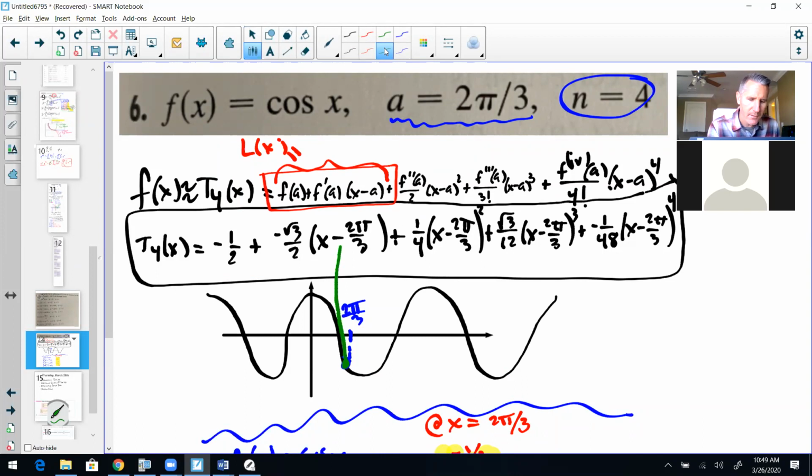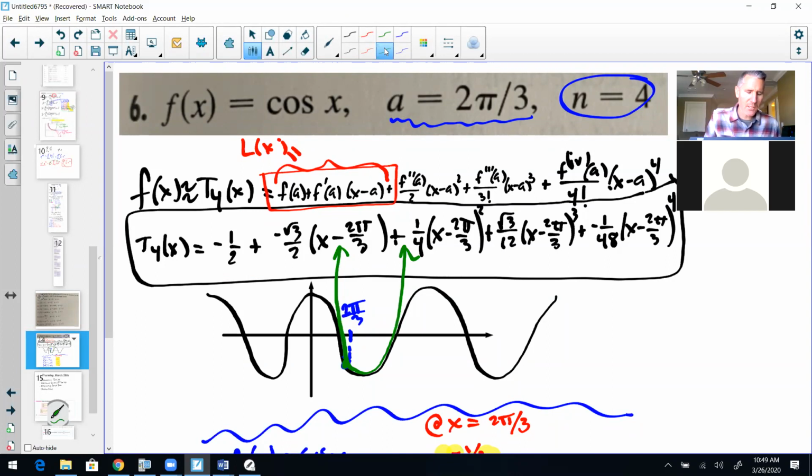And then it's going to go something like that, and it's going to really mold nicely to the function about 2 pi over 3. So the green polynomial of degree 4, so that's quartic, is exactly equal to the original function, which is cosine of x at 2 pi over 3. And then it molds to the function as we go out from there, closer and closer.